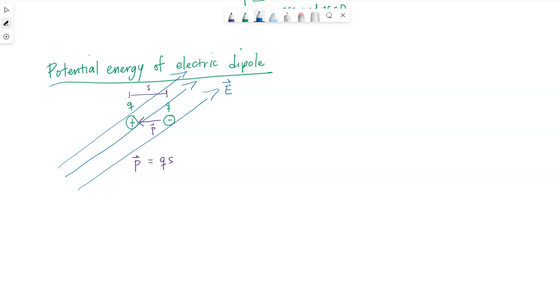I know this electric dipole I drew is not going to stay in that orientation. In the last chapter, we talked about the torque. Torque is the dipole moment crossed with the electric field. Torque meaning a twist, a moment. It's going to turn. In this particular case, this will turn this way.